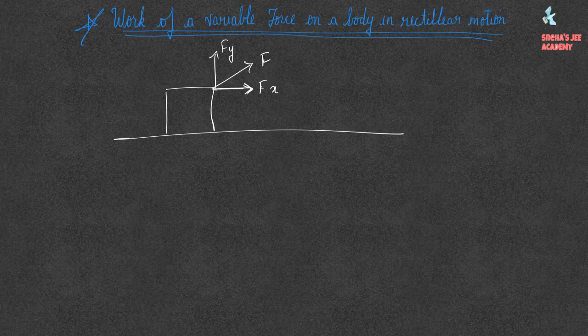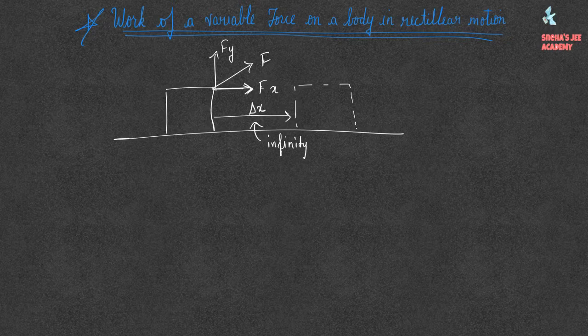If the displacement caused by this force is infinitely small, so very small that we consider the force to be constant, suppose the displacement is over here. This distance is very small, infinitely small.